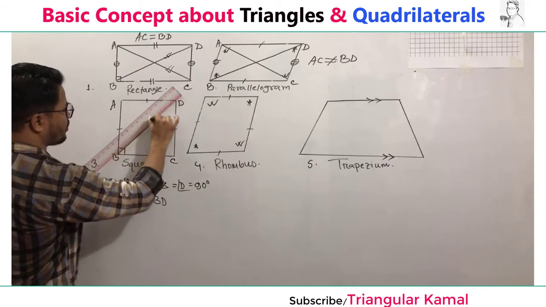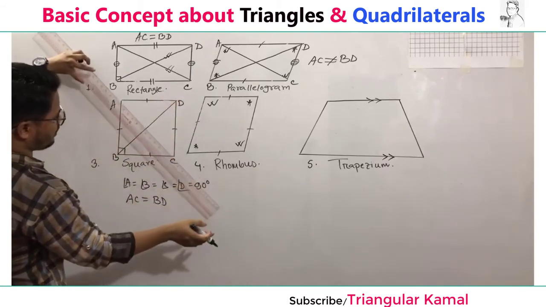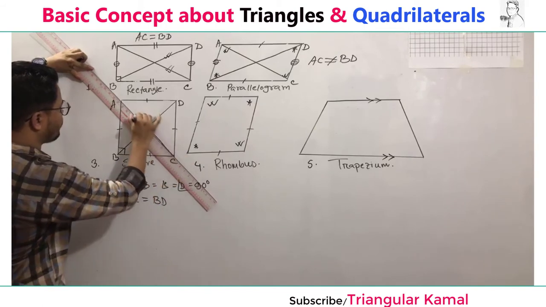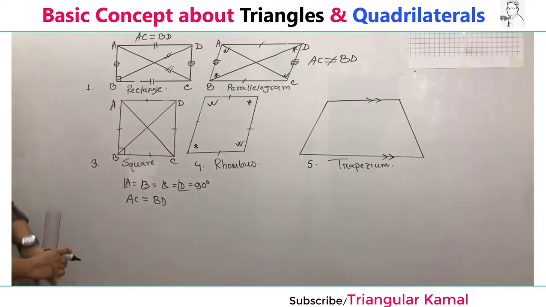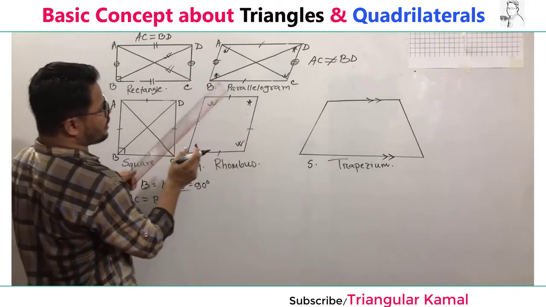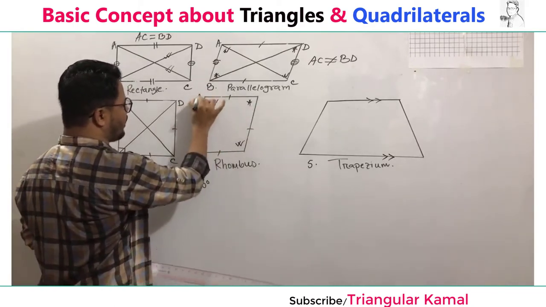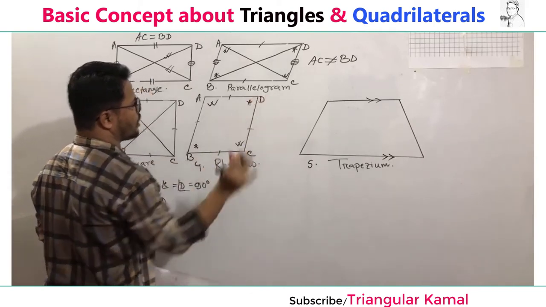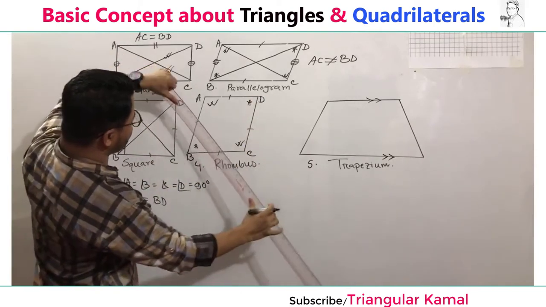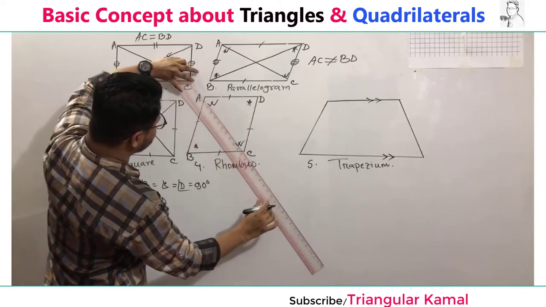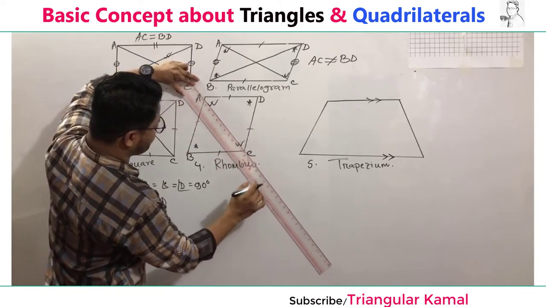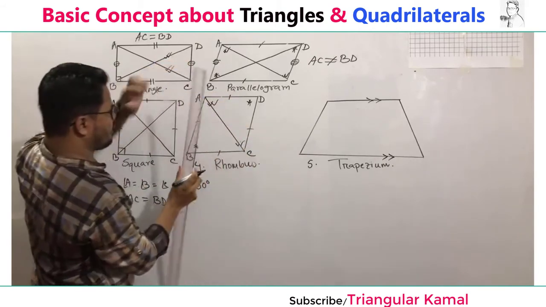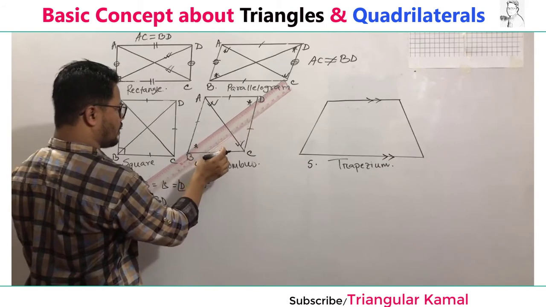So, draw a diagonal here, and this is the diagonal. And this is the rhombus. You can see here A, this one is B, this one is C, this one is D. So my dear students, here the diagonal AC is not equal to diagonal BD.